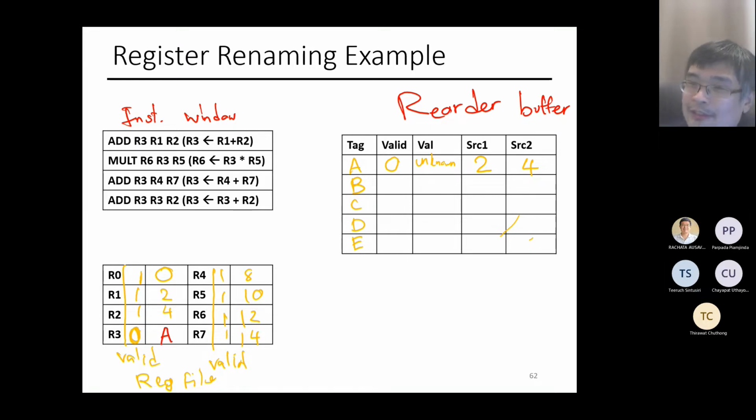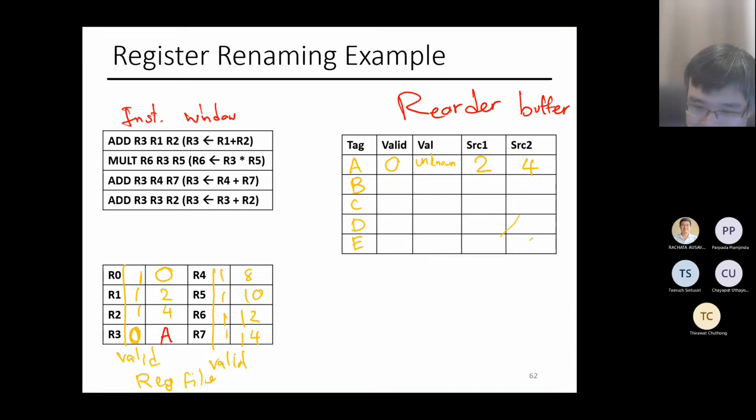Multiply needs R3 and R5. What's in R3? Don't know yet.